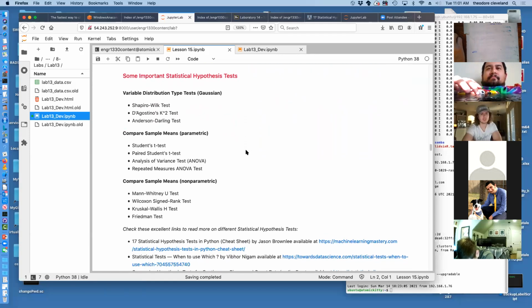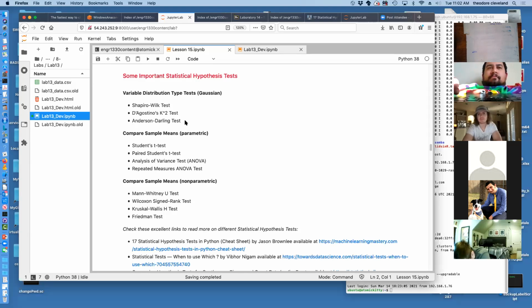So some important statistical hypothesis tests that you're going to get exposed to today, a lot like ionizing radiation. There are tests that examine different distribution types. So there's a Shapiro-Wilk test, the D'Agostino's K-squared test, and Anderson-Darling test, and there's quite a few more.